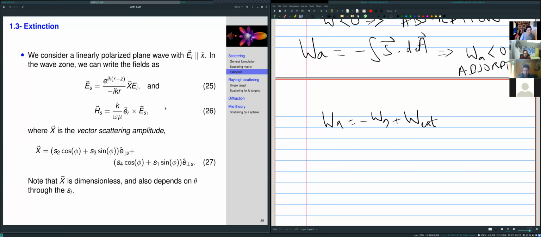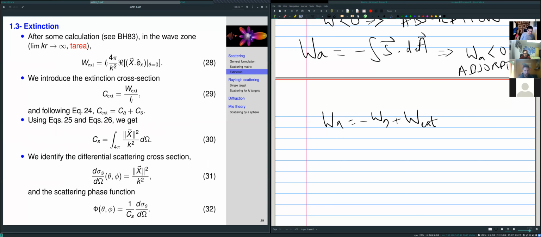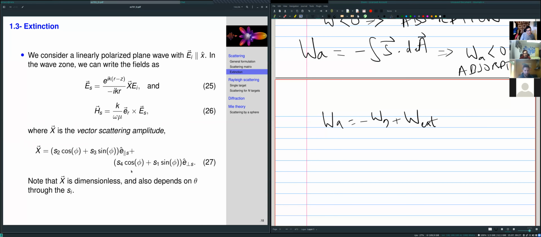We first considered the case of a linearly polarized wave where the incident field is parallel to the x direction, and you can work out that the scattered fields are given by 26 and 27 if we're given the amplitude scattering matrix. This angle phi is the spherical coordinate phi, and it comes from decomposing the incident basis onto the scattered basis.